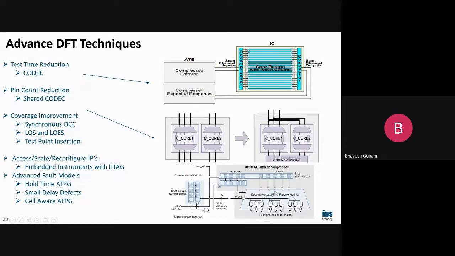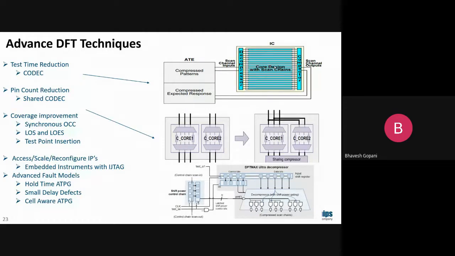Let's say I had 100k flops in one chain earlier, but now I am putting in 100 partitions. So now I have 100 chains, and in each chain I have 1000 flops. So my test time is reduced by almost 100 times, and I can also save a significant amount of ATE memory.